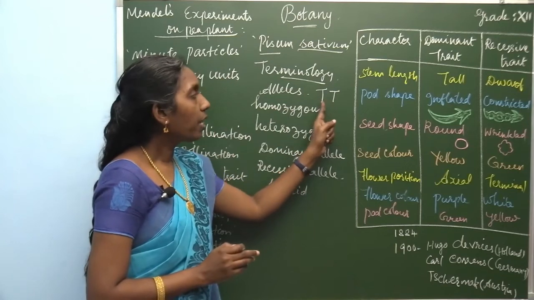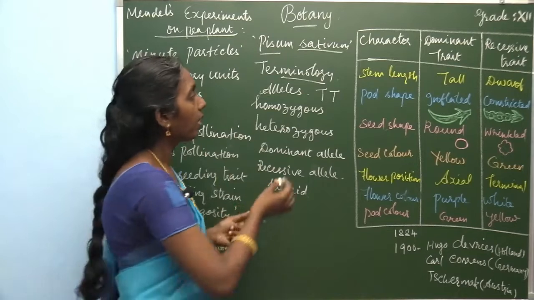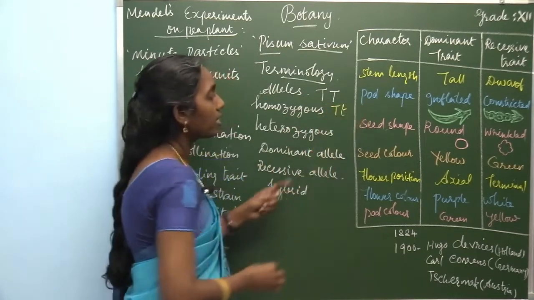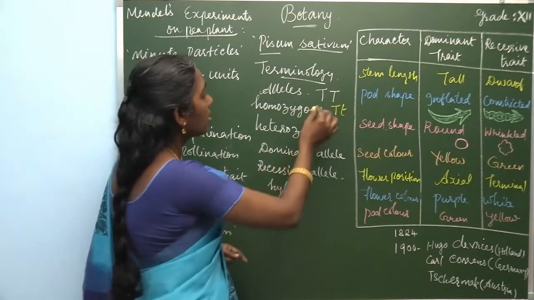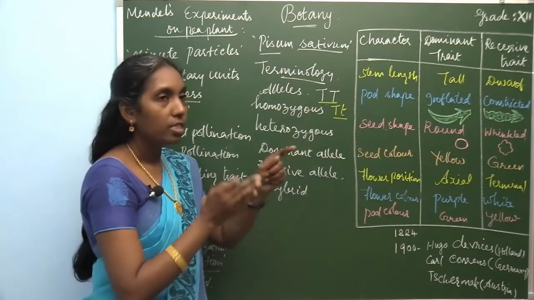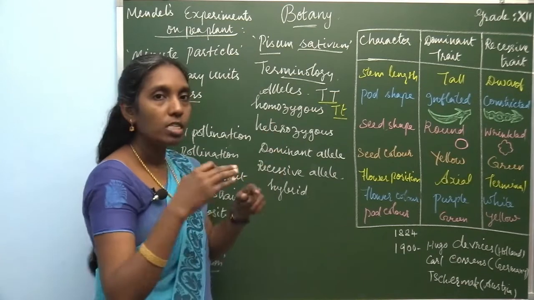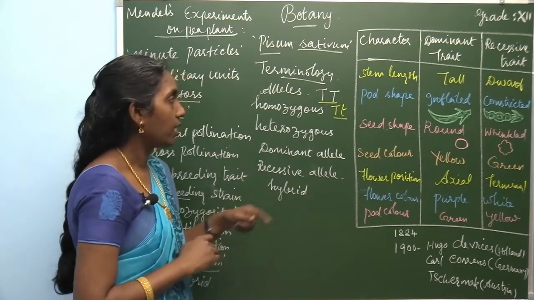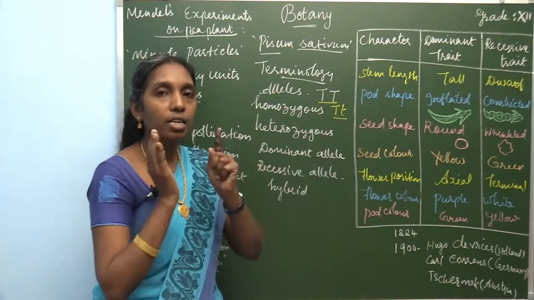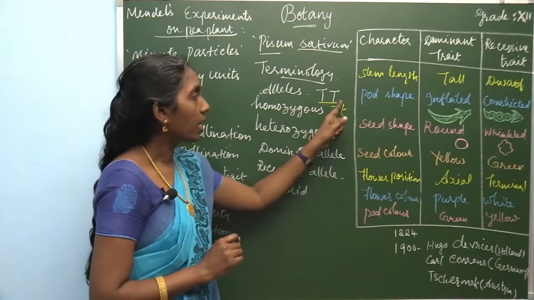There is a pair of characters, either similar characters or contrasting characters. This is a similar character and this is the contrasting character. Both are alleles: capital T, capital T, and small t, represented in the form of alleles. What is meant by homozygous and heterozygous? The similar characters, similar traits, are known as homozygous.